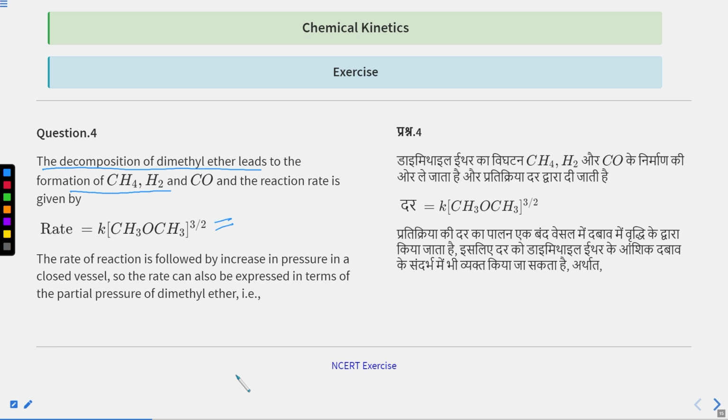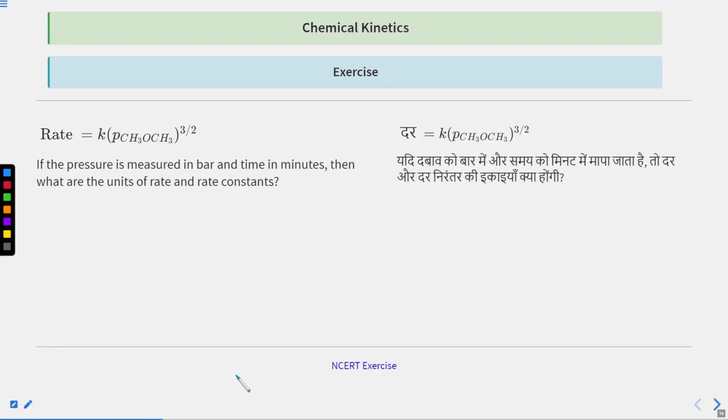Since CH4, H2, and CO are all gases, what do we do? We leave the concentration and express it in terms of pressure. Then we can do the same thing. So in this way we can write it.